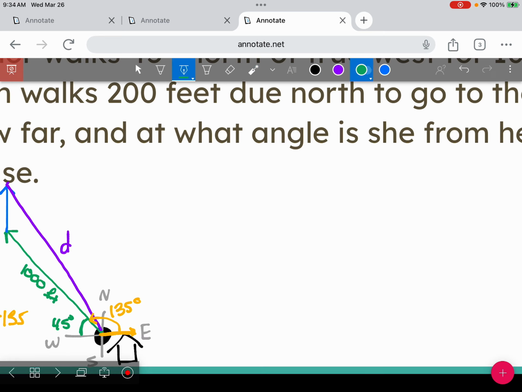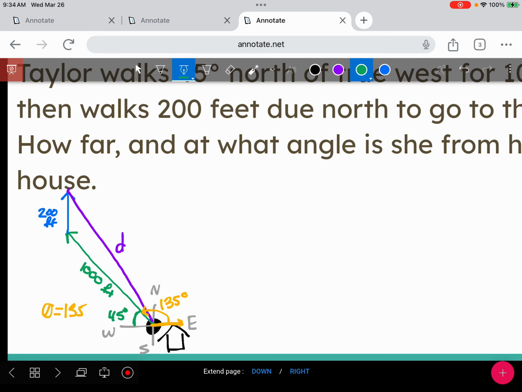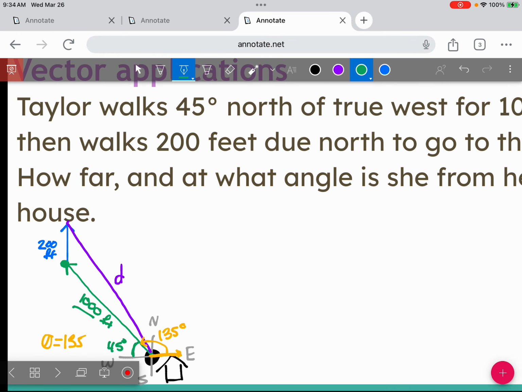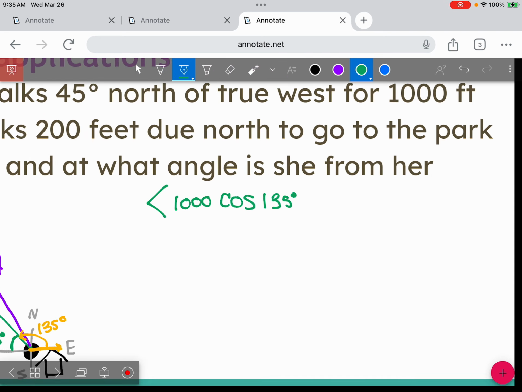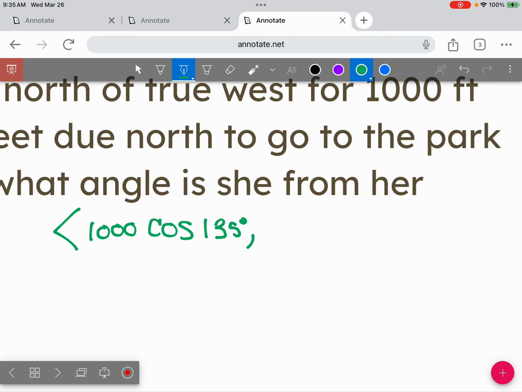So we can write the address of this point using the magnitude, which is our distance covered, and the angle, 135. The address of that green point is 1,000 cosine of 135 for x, and 1,000 sine of 135 for y.